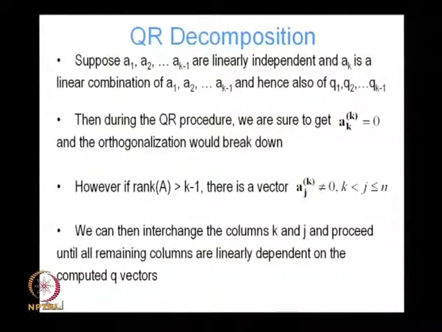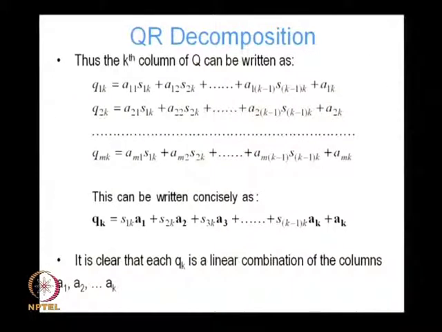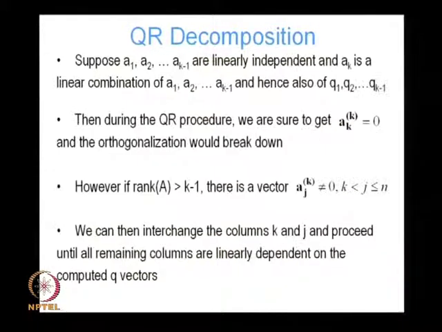Since we have just shown that each Qk is a linear combination of all the previous columns, that means that Ak is also a linear combination of all the Q1 through Q(k-1).